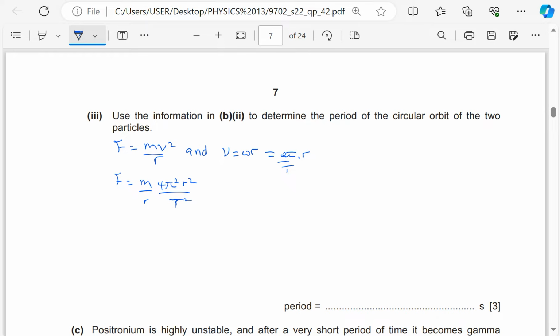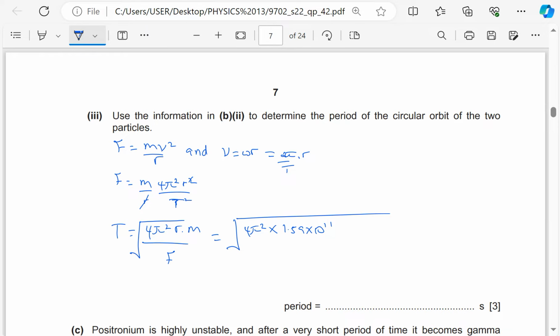So I have to make one r cancel out with the square. I have to make T the subject. So T is going to be equal to 4 pi squared r, then divide by, so there's an m somewhere, divide by F, and this is going to be under the square root. So I'll just substitute the square root of 4 pi squared times r. R was the radius, which is 1.59 times 10 to the power of, I think it was 11.